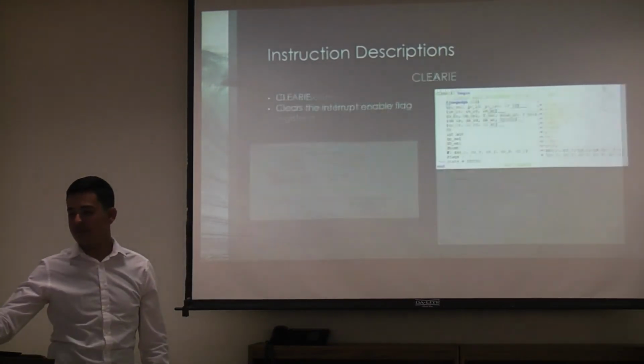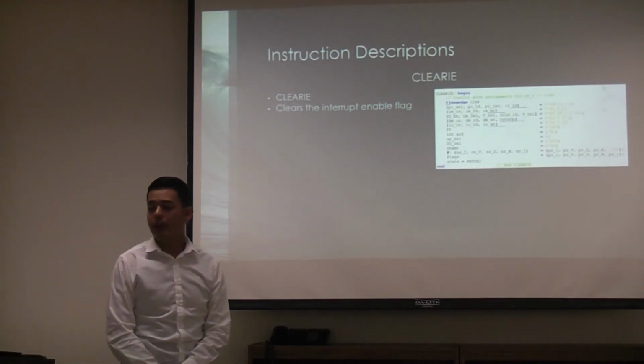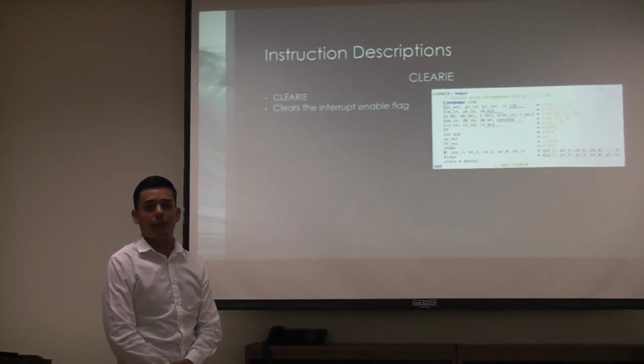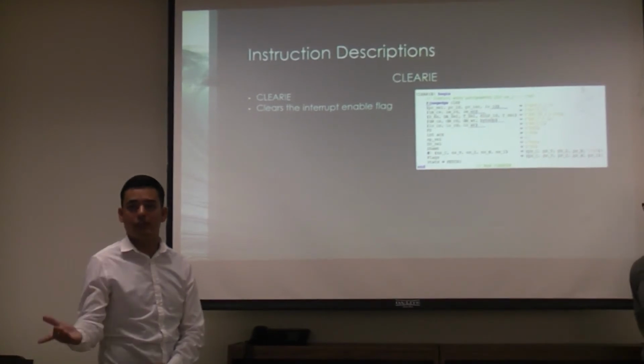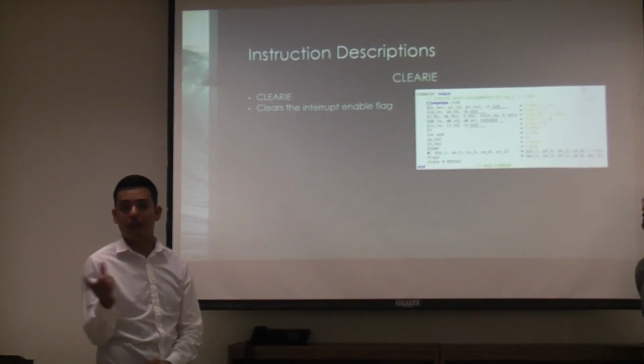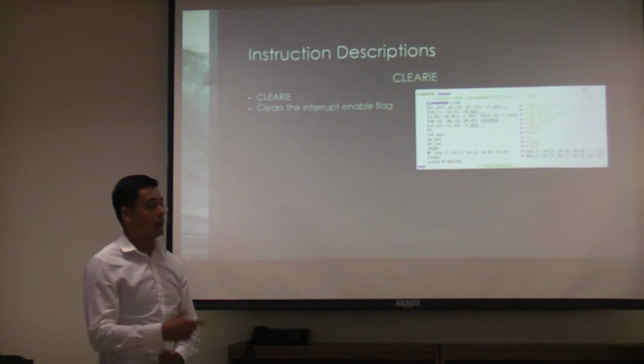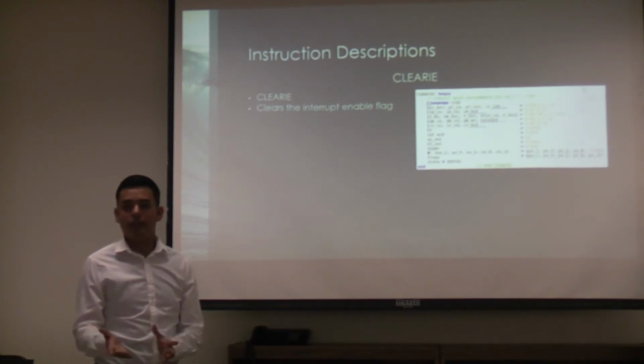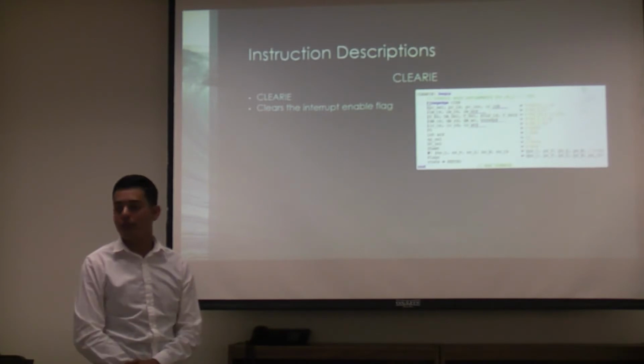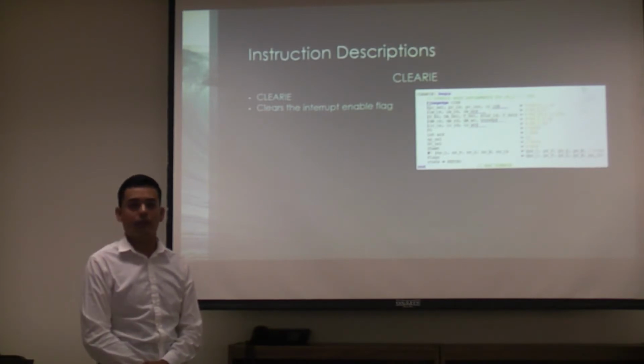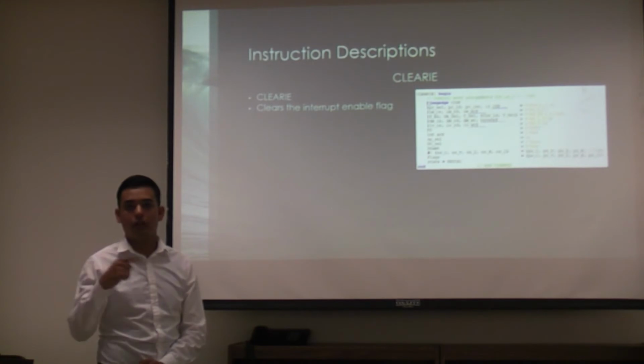We also have a clear IE. The reason we implemented this was if we set the set IE flag, and we're running interrupts, and for any reason we want to stop servicing interrupts, then we can clear the interrupt flag and ignore the interrupt requests.